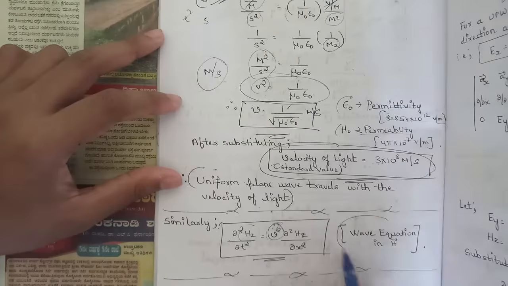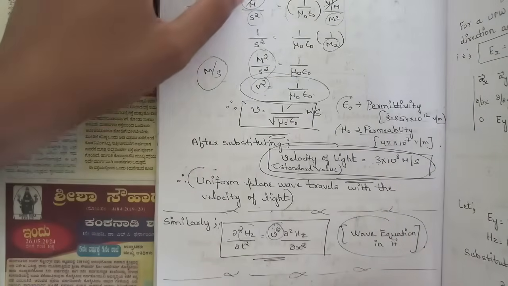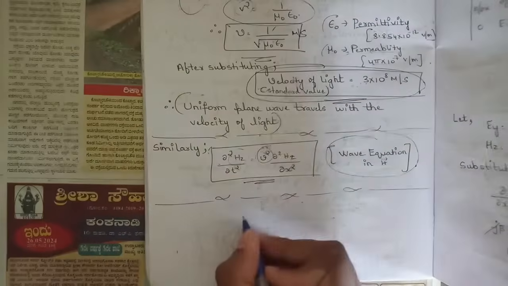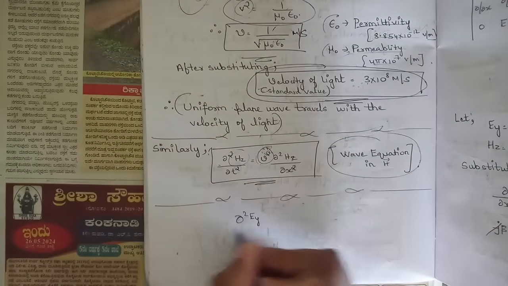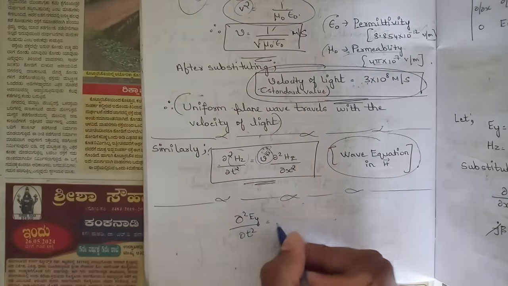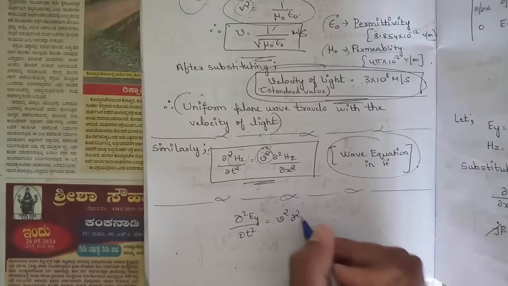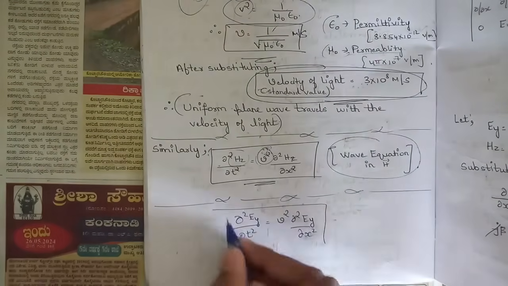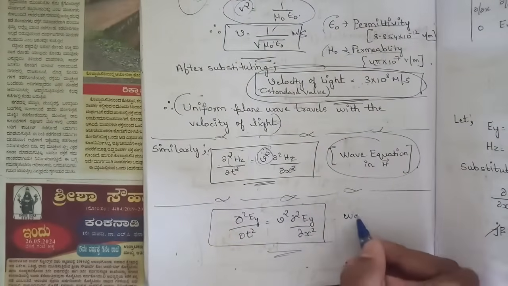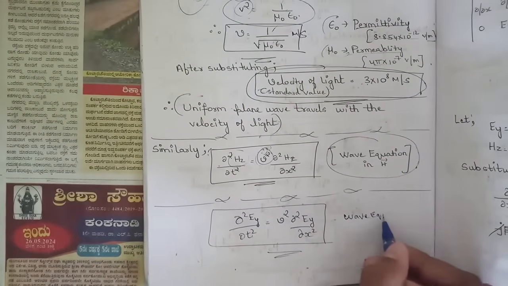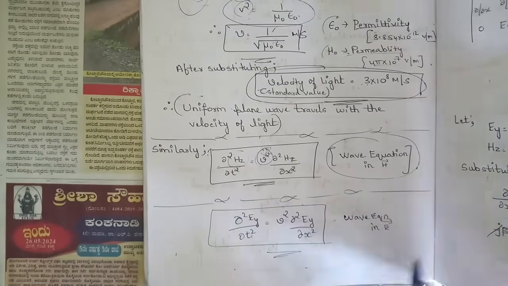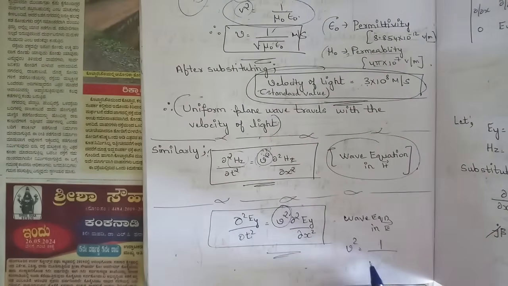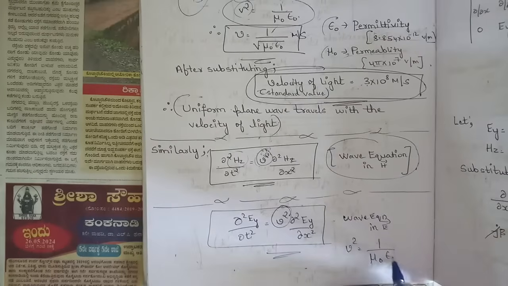This is the wave equation in terms of H. Similarly, the wave equation in terms of E is ∂²Ey/∂t² equals v² ∂²Ey/∂x². This is the simplified form of the wave equation in terms of E, where v² equals 1/(μ₀ε₀).